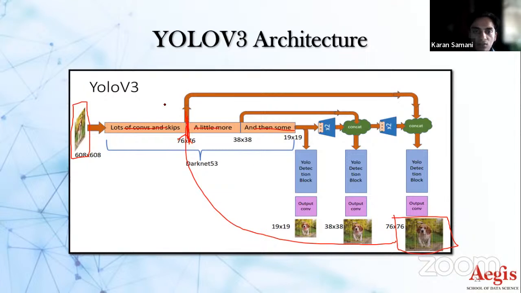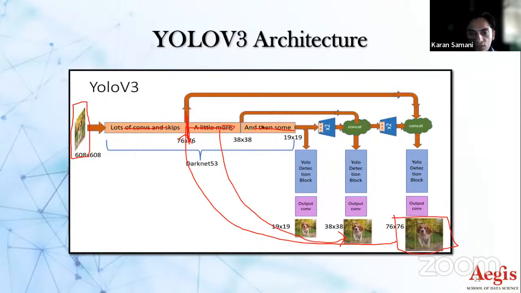Then more convolution happens in the network, and the original 608 by 608 image convolves, the size decreases, and it comes to 38 by 38. Again one more prediction happens over here, and that prediction is again stored.